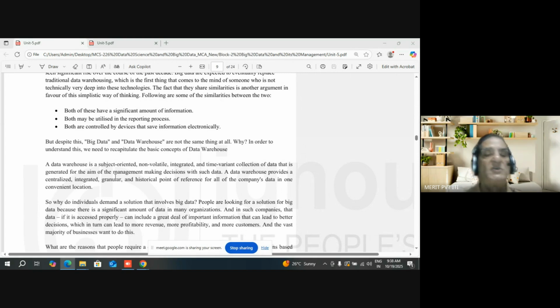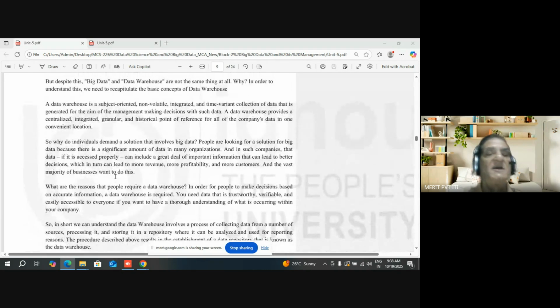People are looking for a solution for big data because there is a significant amount of data in many organizations, and if that data is assessed properly it can include a great deal of important information that can lead to better decisions, which in turn can lead to more revenue, more profitability, and more customers, and the vast majority of businesses want to do this.